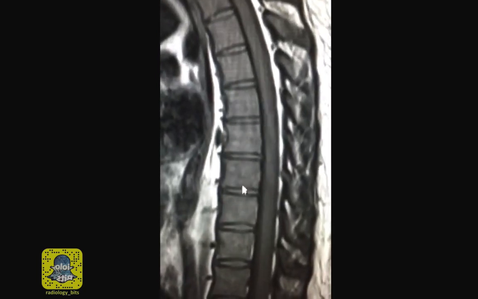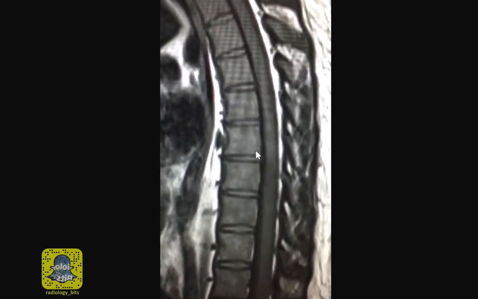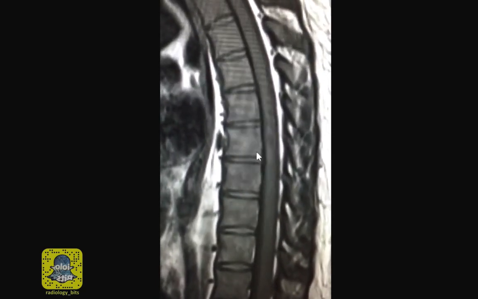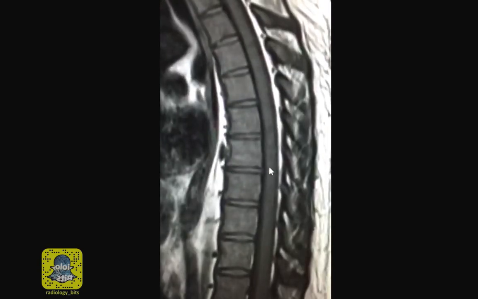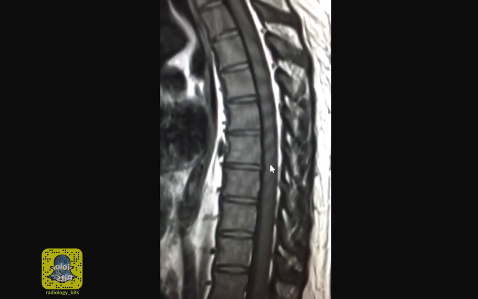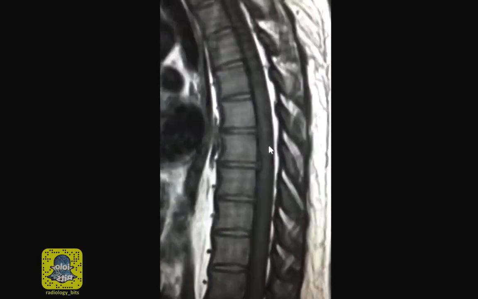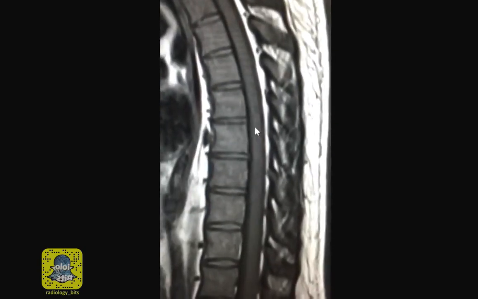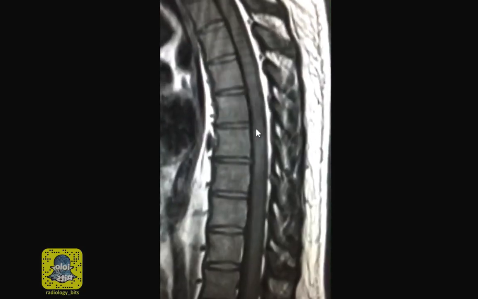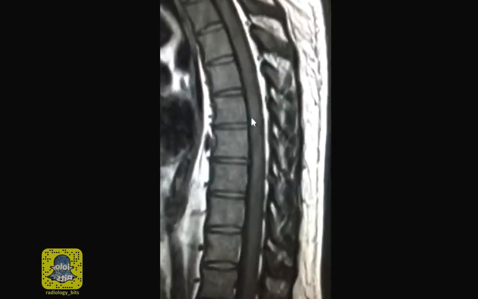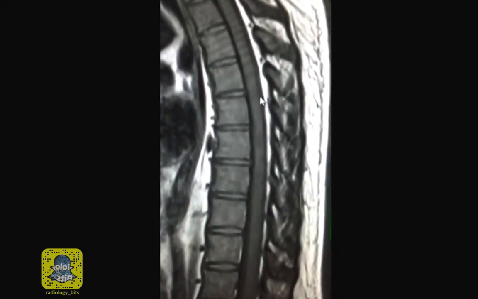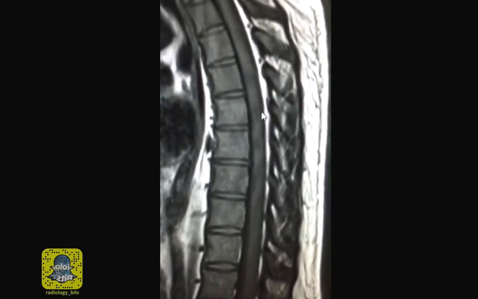Now to complete the picture of a normal case, this is a T1 MRI, also in sagittal plane. And as we know, fluid appears opposite to what we saw on a T2, so on T1 fluid is dark. Although there is a difference, it is difficult here to differentiate the spinal cord from the CSF space surrounding it.